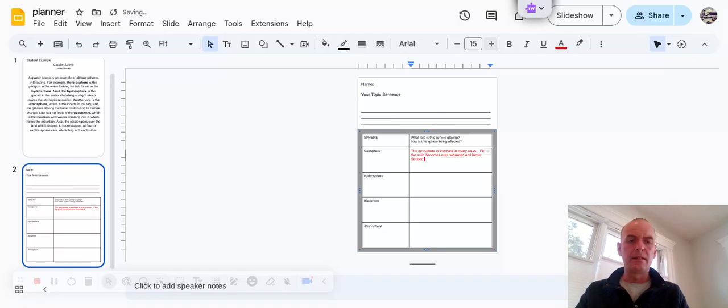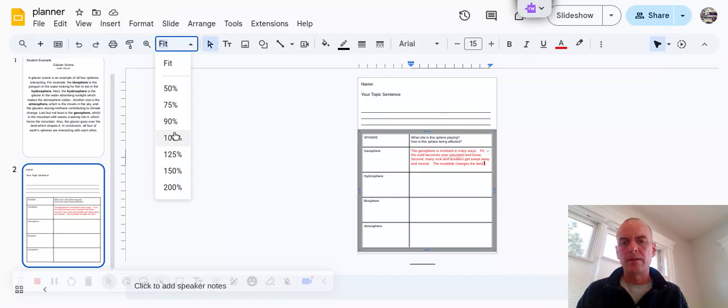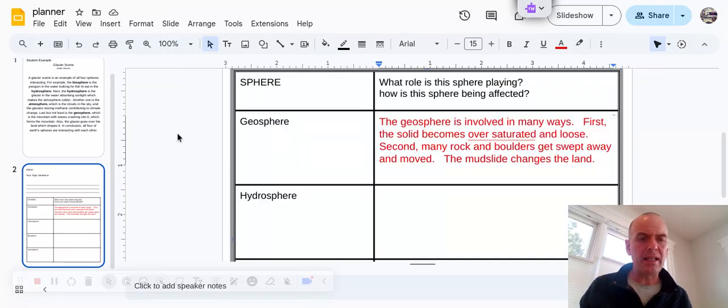Second, many rocks and boulders get swept away and moved. So the mudslide changes the land. Do you see how I'm really explaining both what's happening to that sphere and what that sphere is doing?